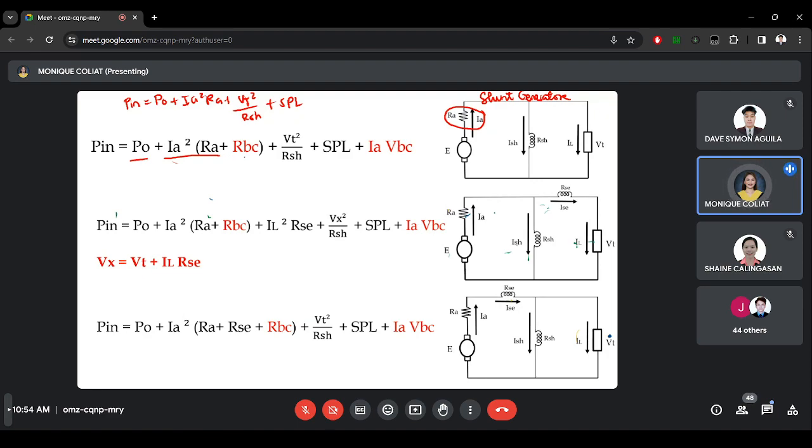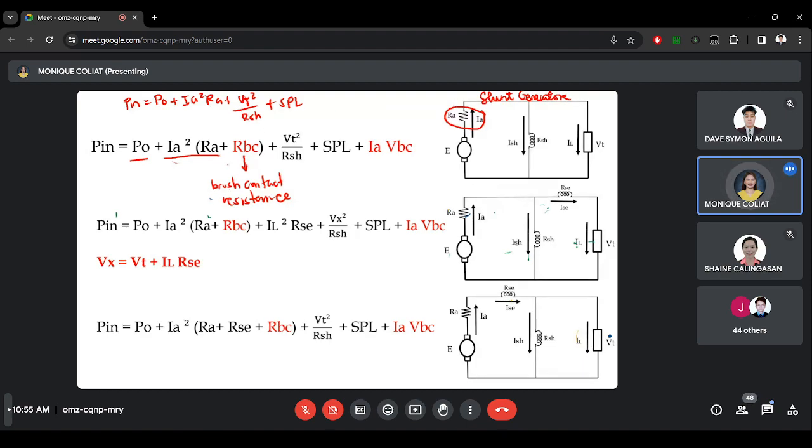Si RBC is what you call brush contact resistance. So if it is given, then you will add it to your RA or armature resistance, because nasan ba si brush? Brush is near the armature. Okay, it is in series with the armature.